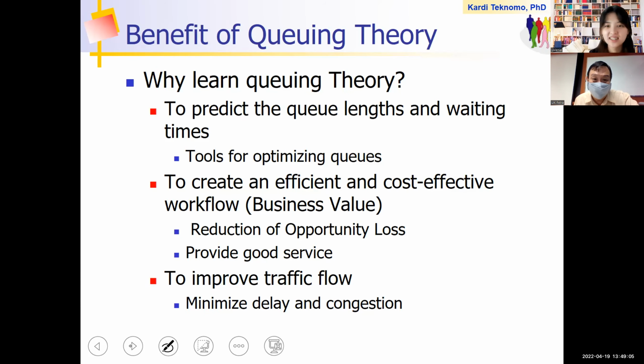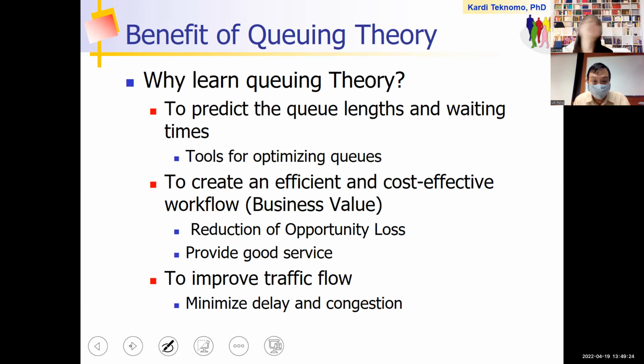So why do we learn about queuing theory? First is to predict the queue length and waiting time. So this is basically a tool for optimization. You don't want too much, you don't want too little, so you want to optimize, right?